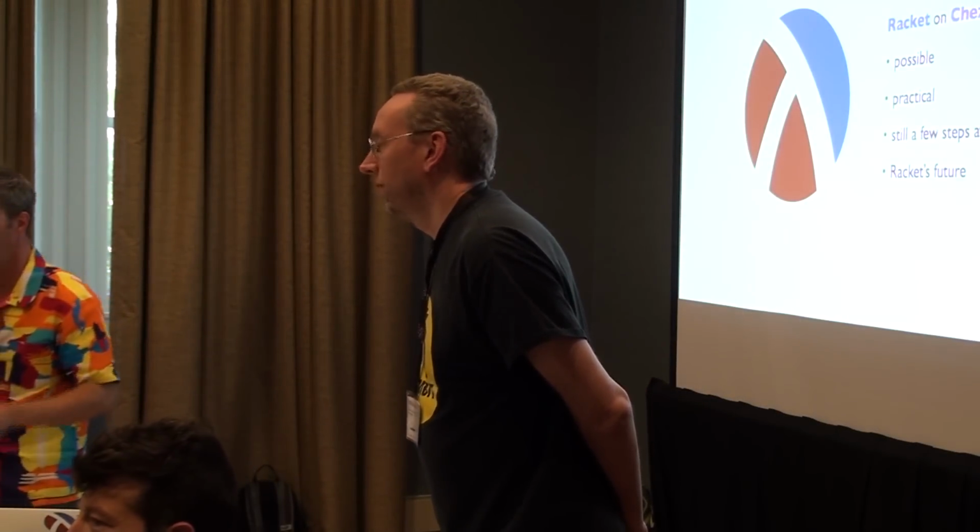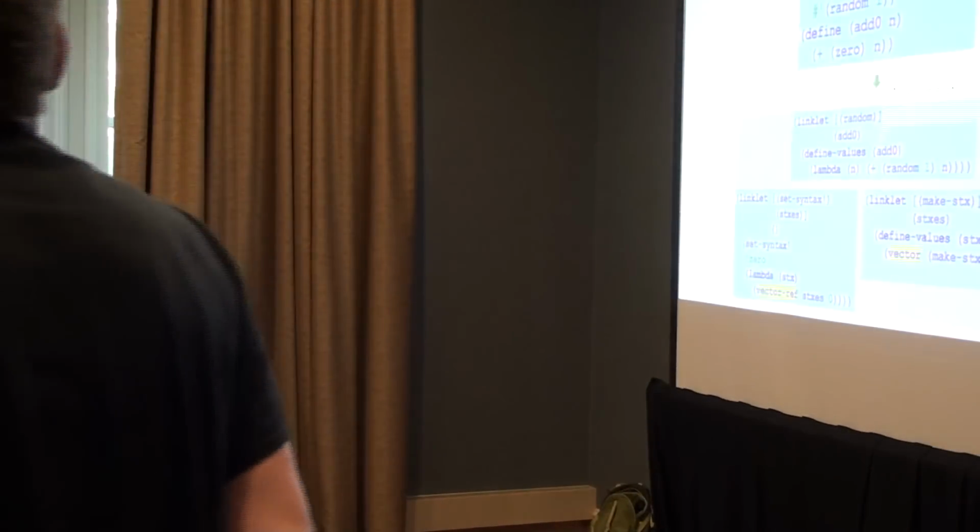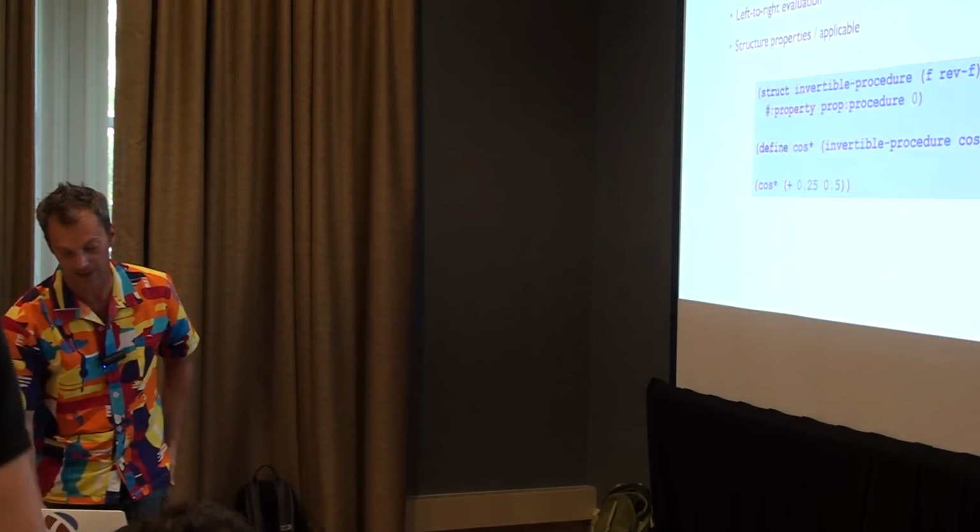I didn't catch what was happening with the interaction between non-tail calls and continuation marks. I would think of continuation marks as being non-tail things since you're adding marks to the... No, okay. Can you repeat the question? Let me get to a slide where I can repeat.